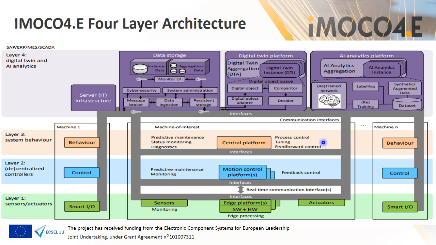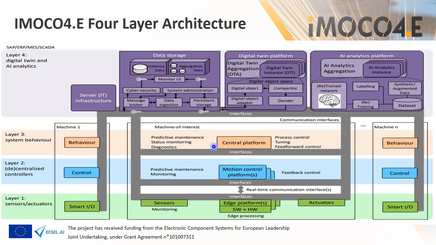This is where things like predictive maintenance, diagnostics, process control, tuning, feed-forward controls, etc., are all coming into this particular layer. We will discuss this, but you will see that particularly between layer 1 and 2, there's ever increasing requirements for intelligent self-determination, intelligent-based behavior within the processes that take place in layer 2 and layer 3 of the platform.